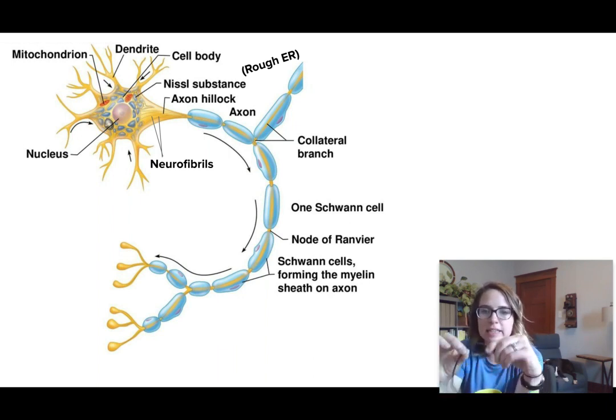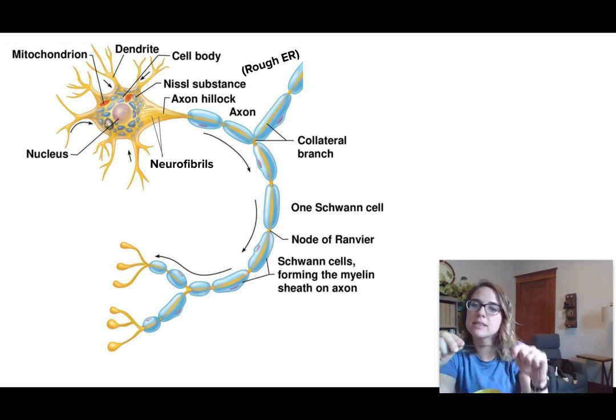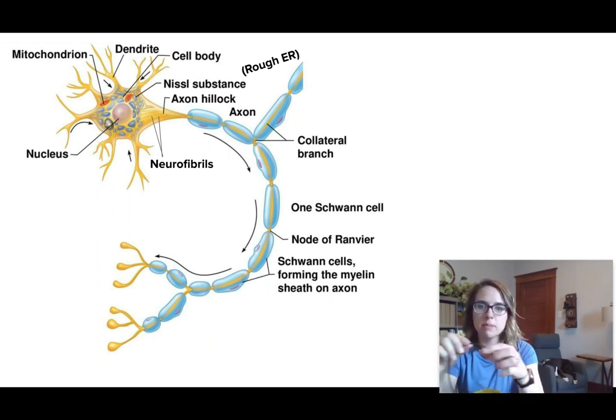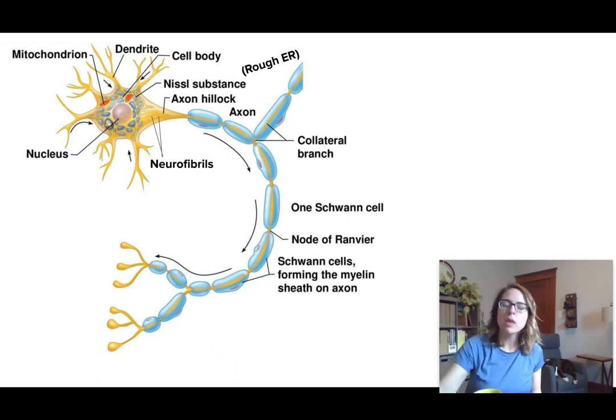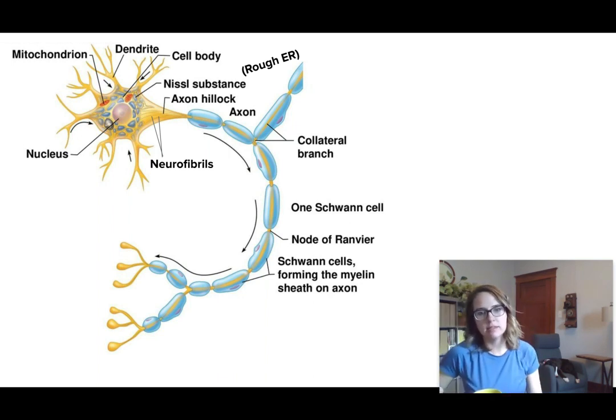Otherwise, this little insulation right here protects the signal that's getting sent from my computer to the mouse so that they can communicate to each other. Think of those Schwann cells as this insulation, the rubber on the outside of a wire. But if you notice, it's not continuous, much like the wire of my mouse. Instead, it's clumped, and there are these little spaces in between them. Those spaces are called the nodes of Ranvier. It's French, named after the scientist that discovered it. And those little gaps are really important for sending the signal to the other cells.